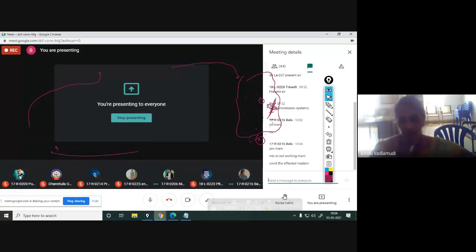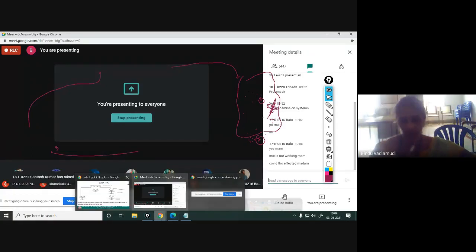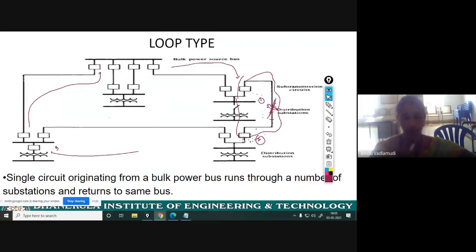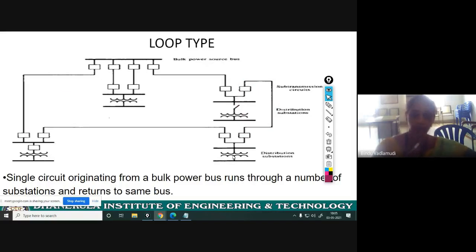So, coming back to the class. Okay, so this is about the loop type of arrangement and the next type of arrangement. Each and every system that we have explained has its own advantages along with disadvantages.